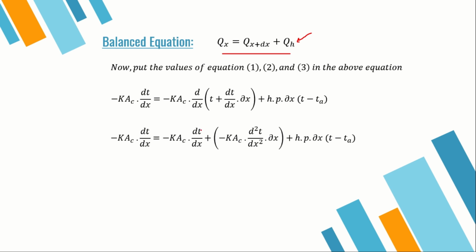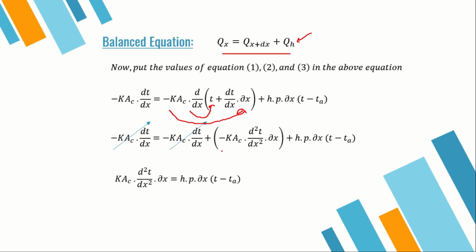When we open the brackets, firstly this term will be multiplied with this, and then the whole term will be multiplied with this term. So we can see that -K Ac dT/dx and -K Ac dT/dx are exactly the same, so we can cancel these out, and we are left with the equation.